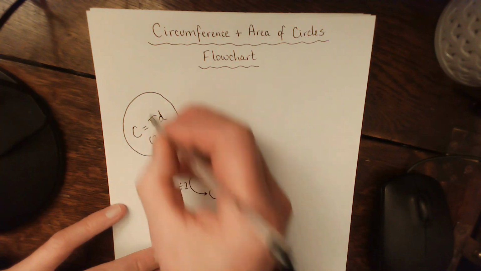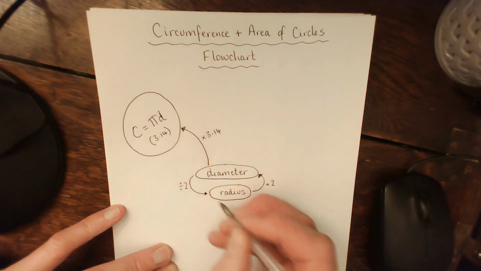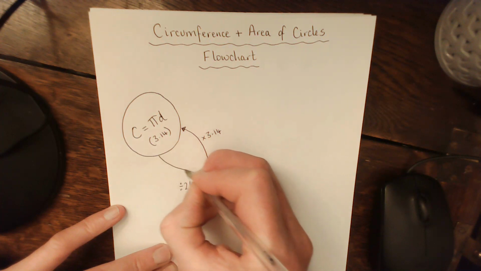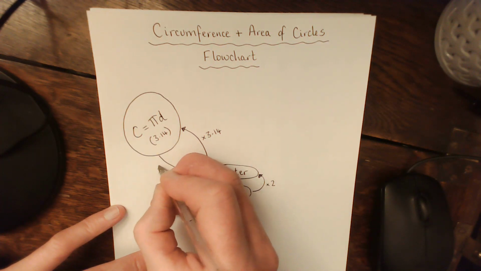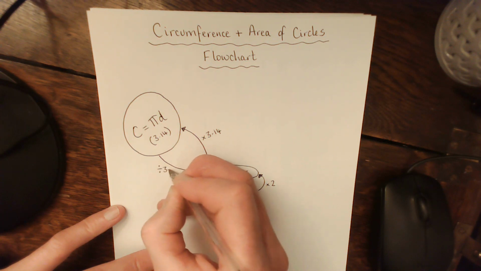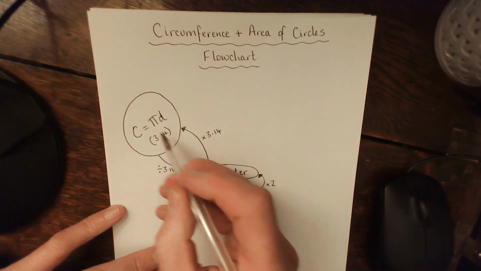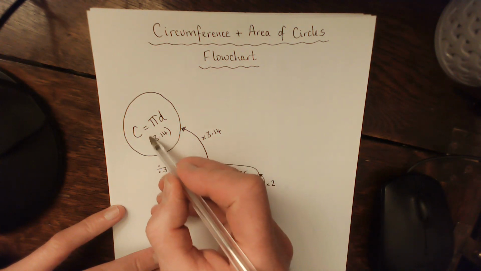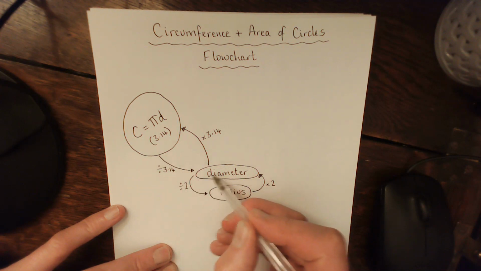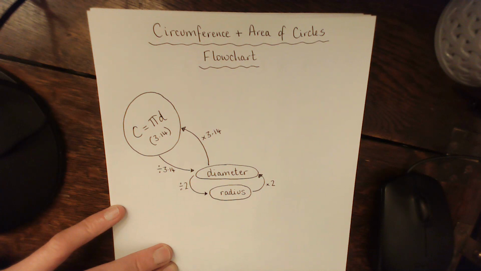So if I know the circumference of a circle, to get back to the diameter, I have to do the opposite operation. So I need to divide it by 3.14. And if I need to go from circumference to radius, it's terribly important that I go through the diameter first and then go to my radius.